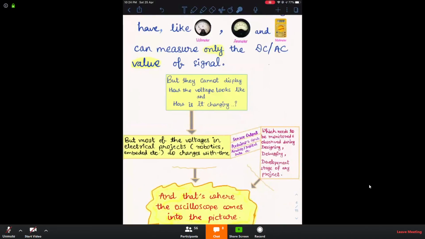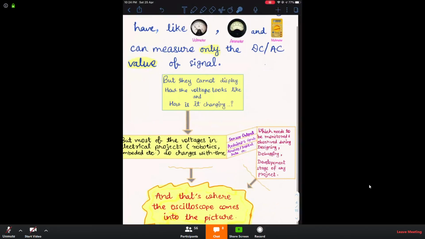So in this slide, what we have discussed is why we need an oscilloscope in this era. Initially in the 90s, the projects that we were doing were not that integrated. There were not a bunch of analog sensors or digital devices, but now no matter what project you are going to do, you have a lot of data which is changing with respect to time, and you need to see that data to be a better designer.